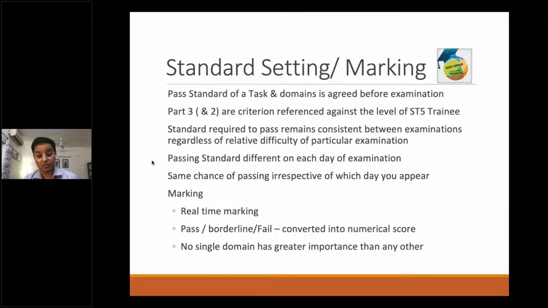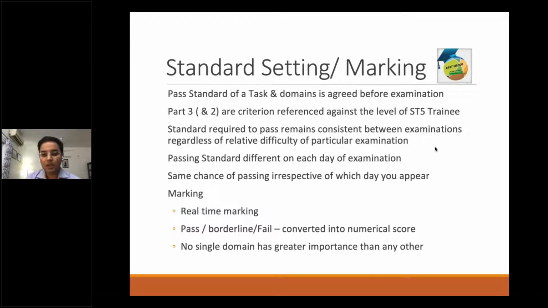Patient safety, you have to call for help. It is the ST5 that they are assessing, and this is called criterion reference. Both part 1 and part 3 are criterion referenced against the level of an ST5 trainee, and I've told you what a competent ST5 is.